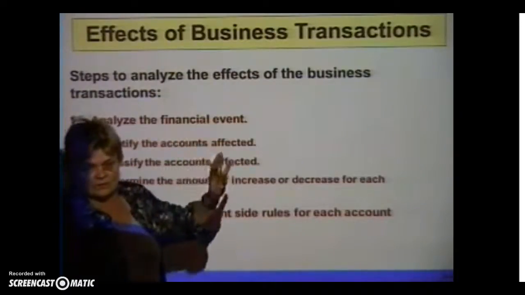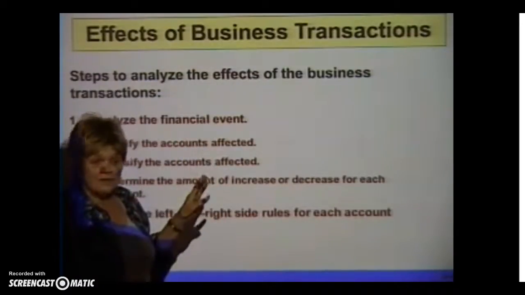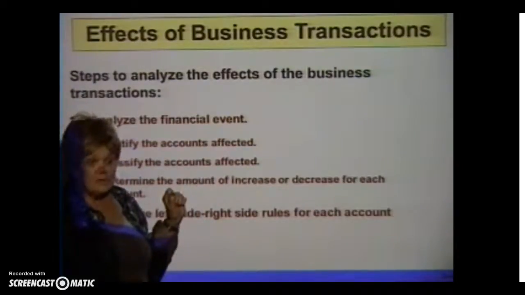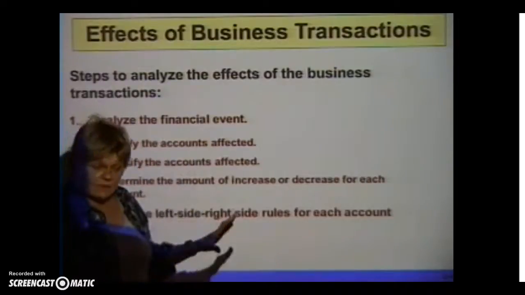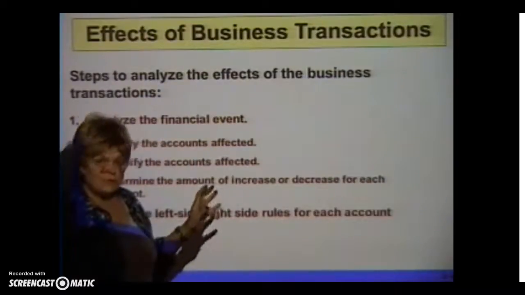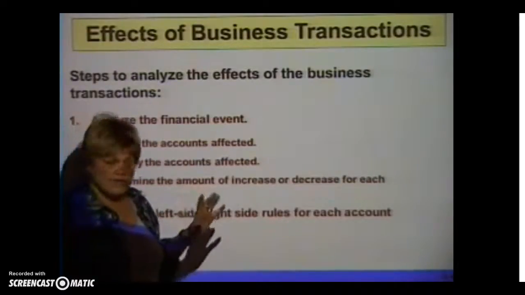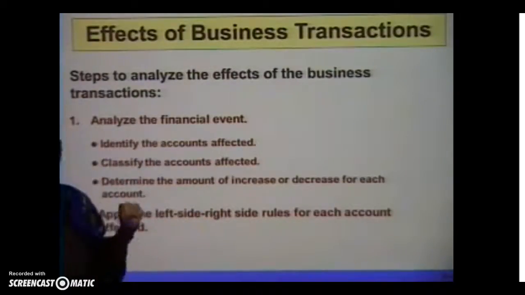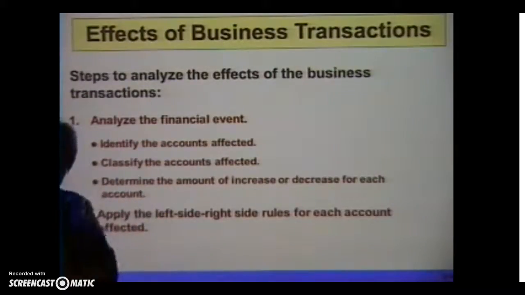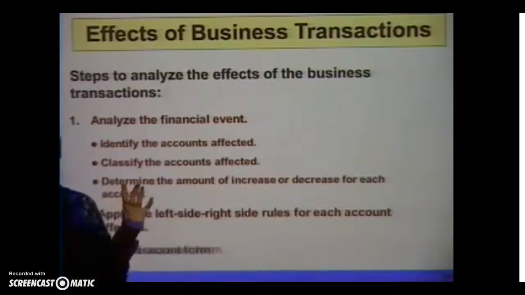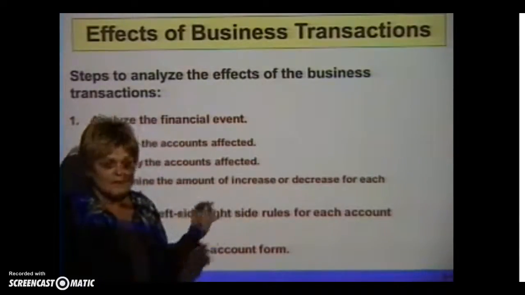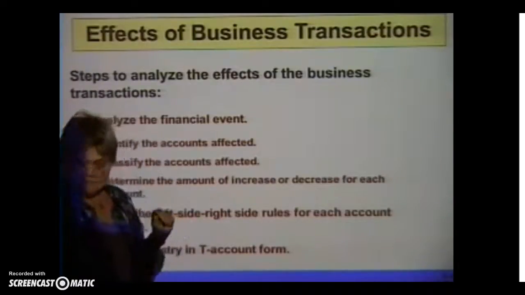Assets has a rule. You're going to just have to memorize these. Assets, liabilities, owner's equity, revenue, and expenses. You must memorize which side is increased and which side is decreased for each type of account. And I think there's a little chart in your book that you can use to memorize those. At this point, till it becomes logically natural, we're just going to memorize that chart.